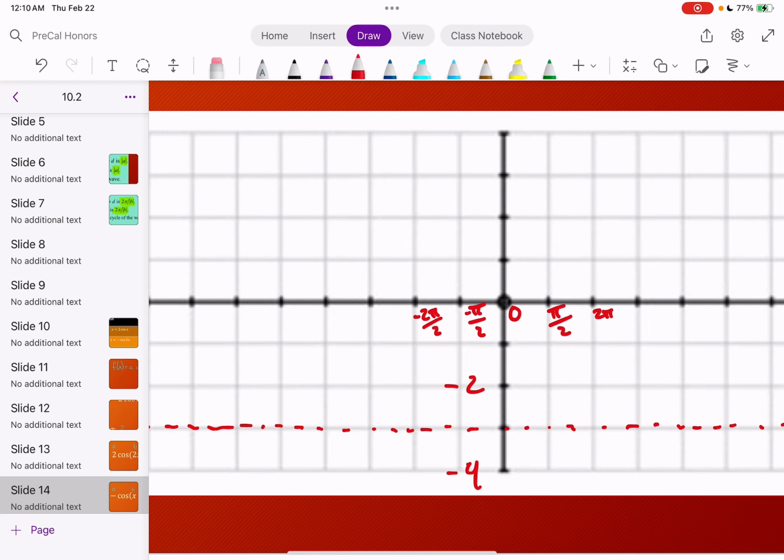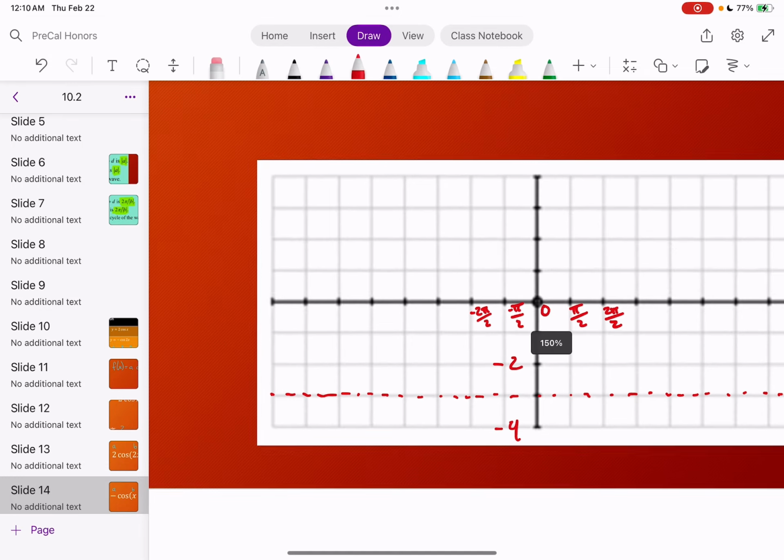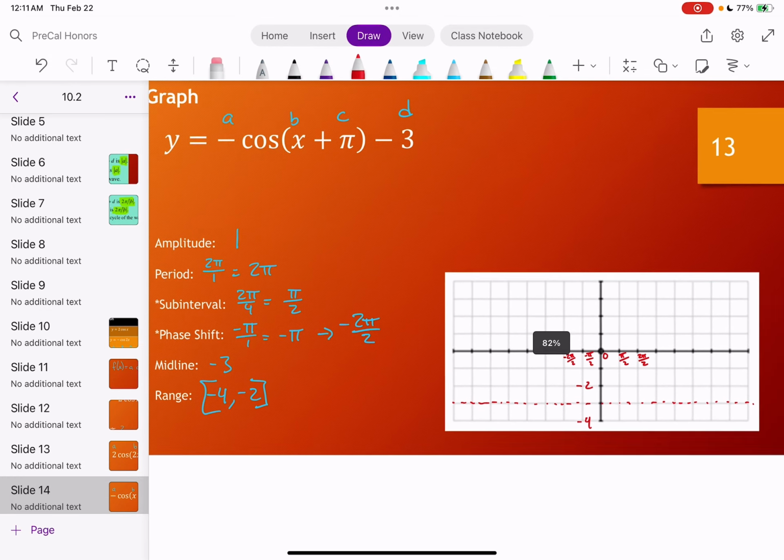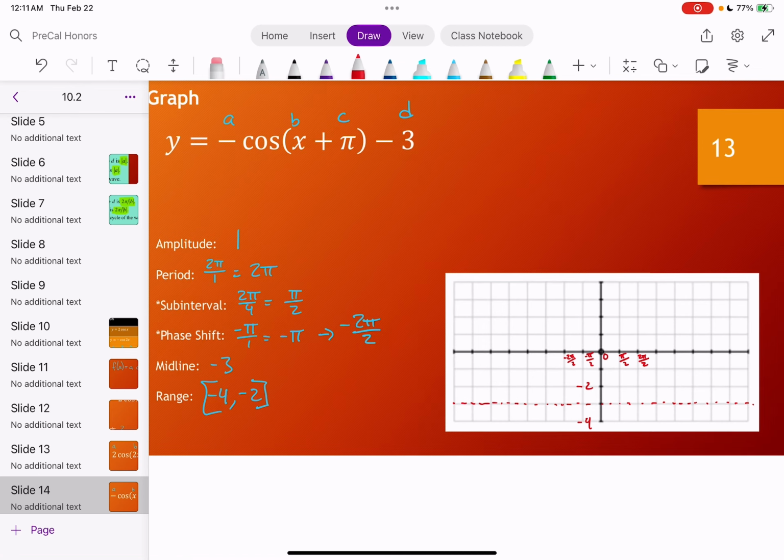This would be 2 pi over 2. Notice we are beginning with -2 pi over 2. Since this equation is negative, we will actually have our first dot on the minimum itself.